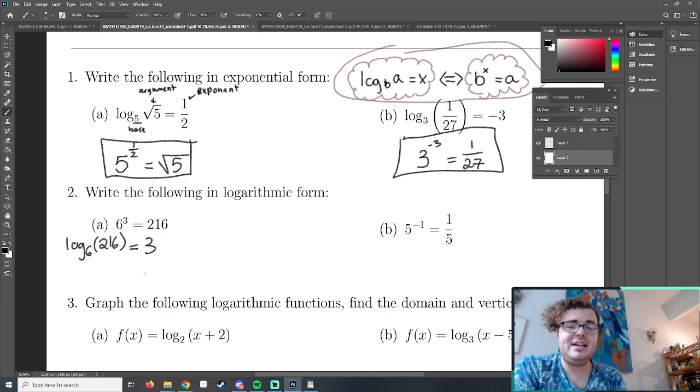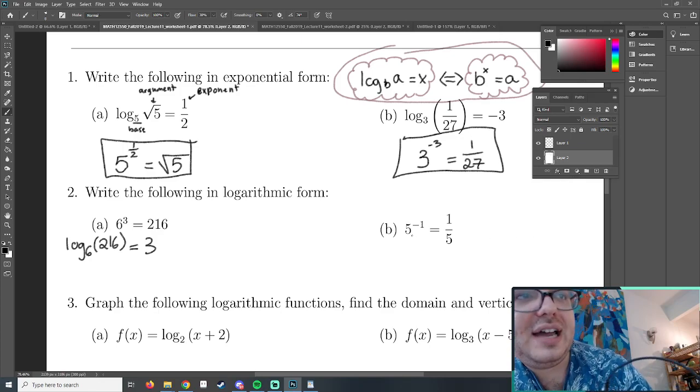Again, I didn't write 6 to the 216 power there on the left. That's a subscript 6, which is telling me the base of my logarithm. And then in the parentheses there is the number 216, because that's my argument. So again, this reads, the power I raise 6 to get 216 is 3. That's how I would read that in words.